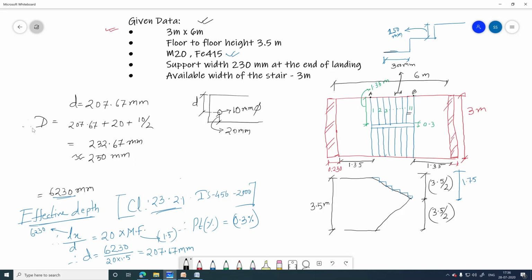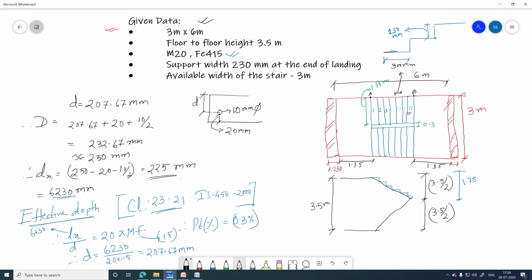If we consider the capital D as 250, the updated value of d, consider it is dx, is 250 minus 20 minus 10 by 2, and that is 225. Okay, so this is the updated value. At the time of moment calculation or any kind of calculation, we will consider this 225 mm value.